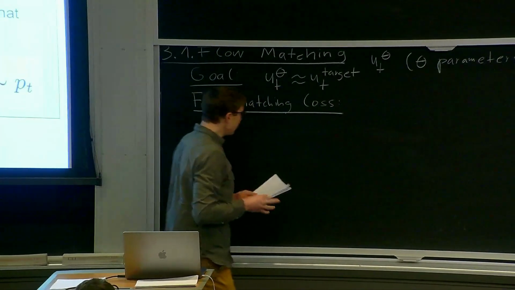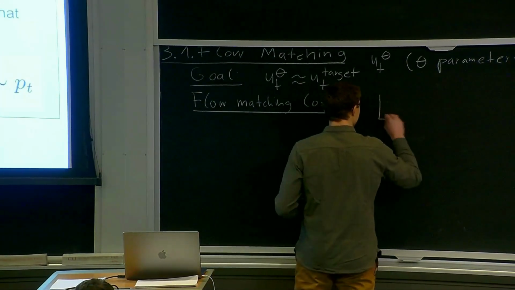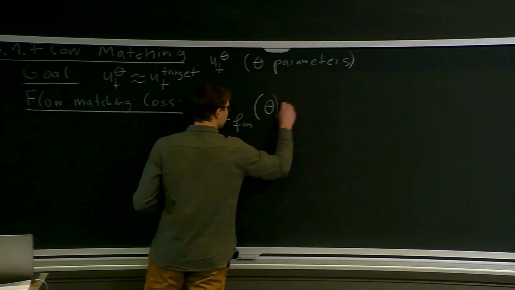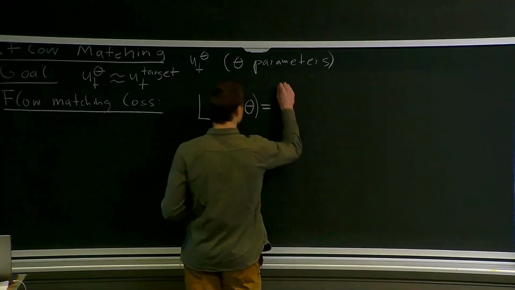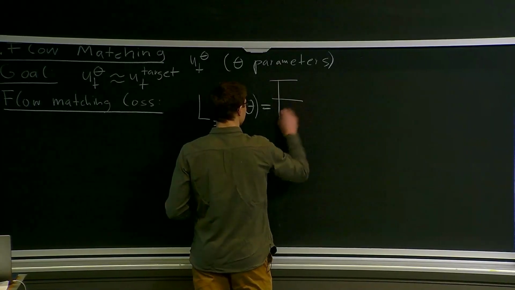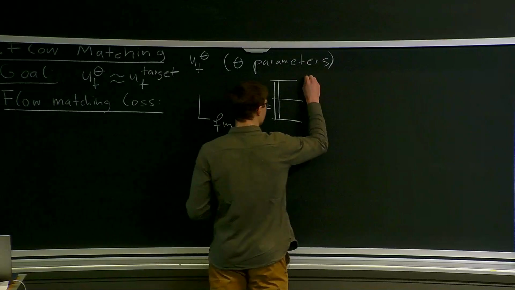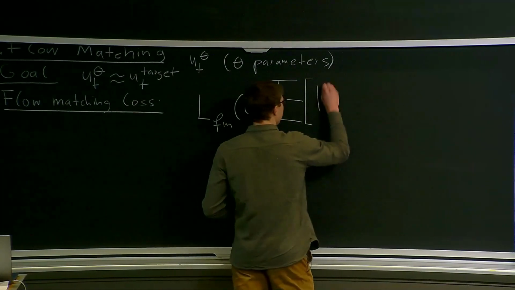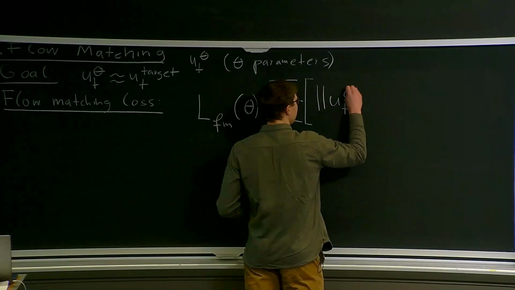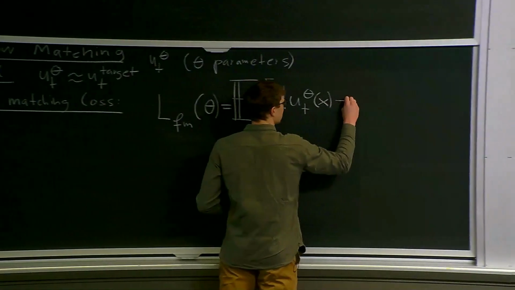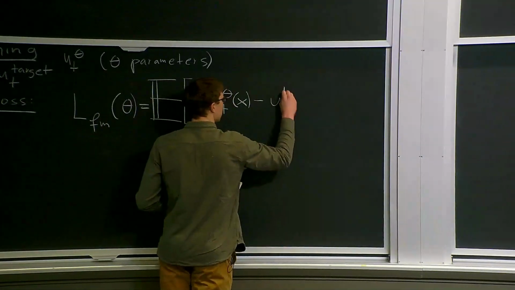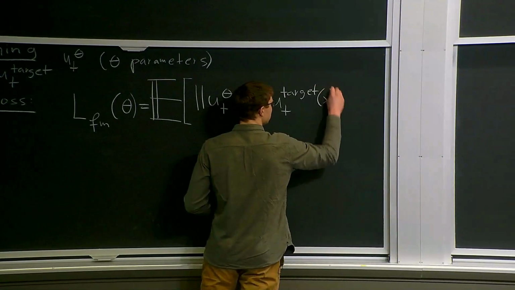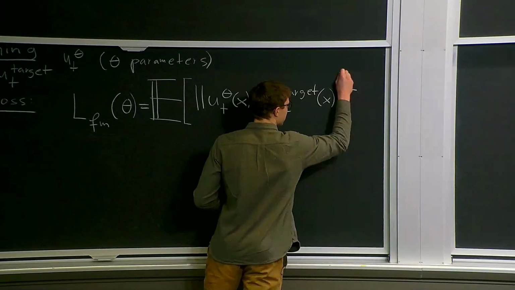So how does it look? Very intuitively, we take a mean square error between these two objects. We're taking u_t^θ at a point x, and we're regressing it against the target, which is the marginal vector field.